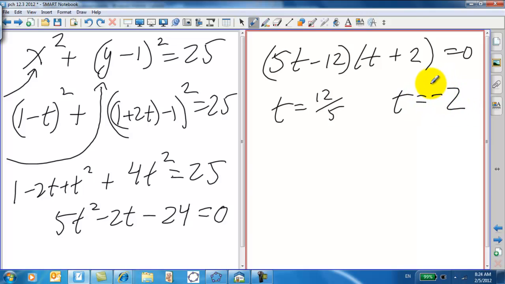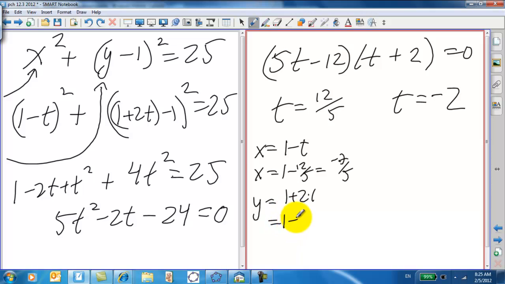We end up with some exact answers here. And then you've got to plug those back into your parametric equations. Remember, x equals 1 minus t, and so that means x equals 1 minus 12/5, which is negative 7/5, and y equals 1 plus 2t, so that would be 1 plus 24/5, which is 29/5.